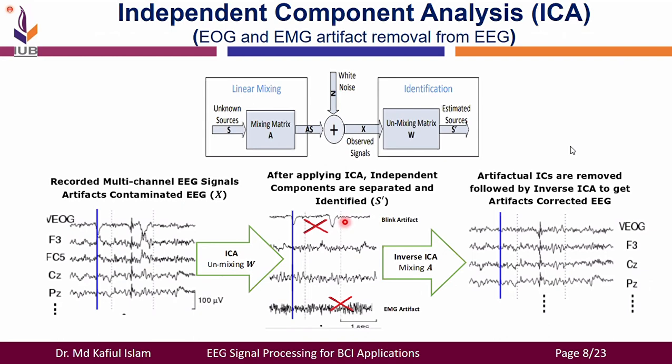So for example, the first component here is corrupted with a blink artifact. The last independent component is corrupted with muscle artifact. So you remove these two and then again apply inverse ICA to get back to the EEG's multi-channel domain. So here your artifacts are removed. So ICA only works on multi-channel processing.